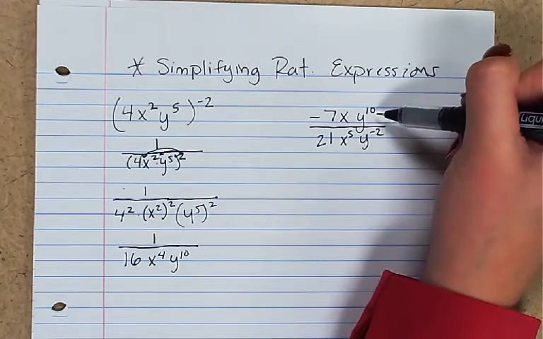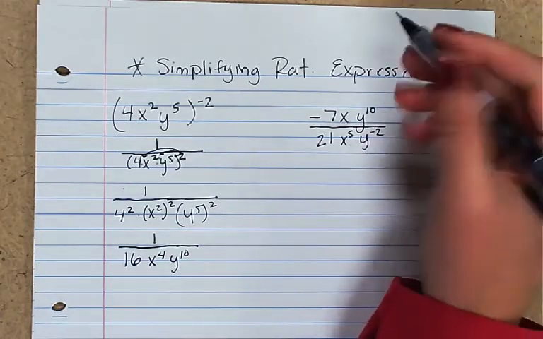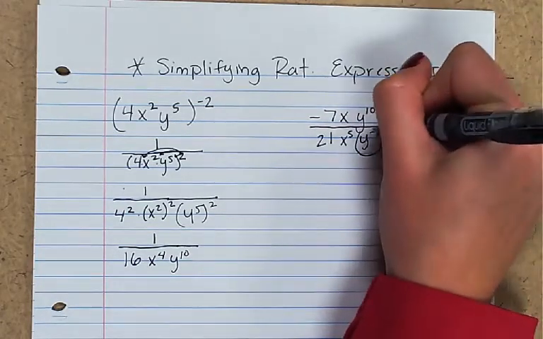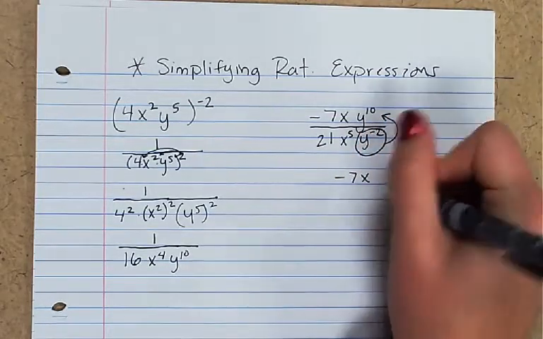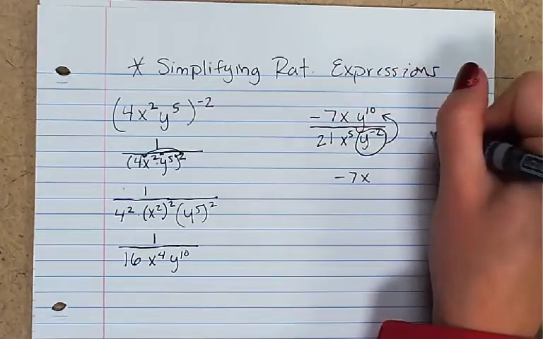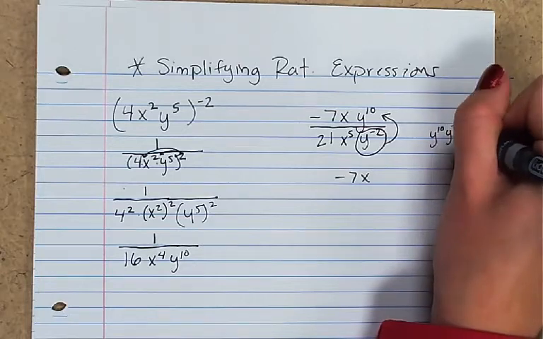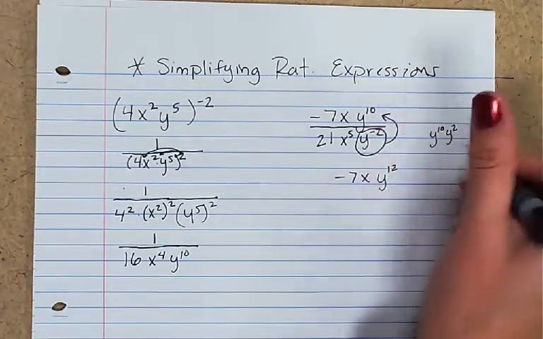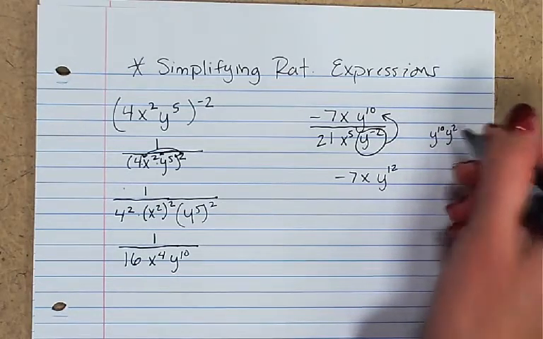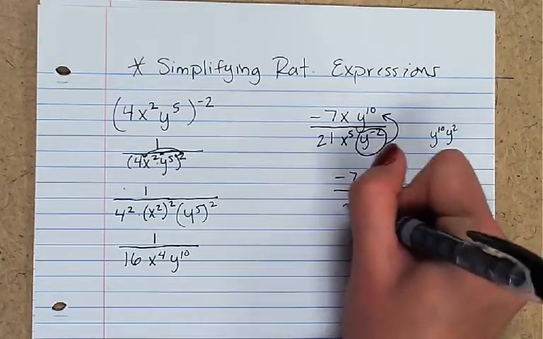If it's in the bottom, you just move it to the top. And if it were in the top, you would just move it to the bottom. So on the numerator now, I would have y to the 10th power, y squared. So if I combine those, that just becomes y to the 12th. There are 2 separate bases, so you add the exponents.